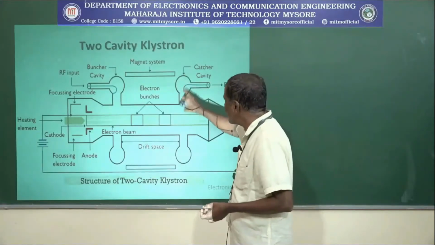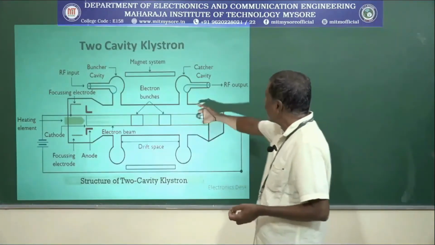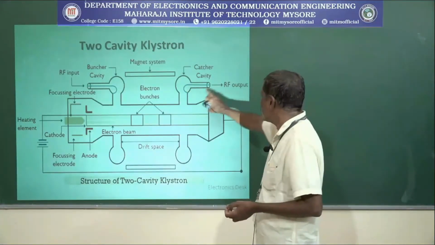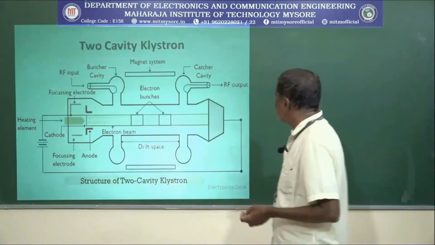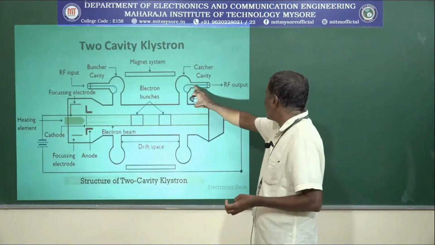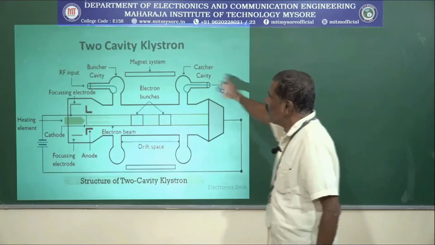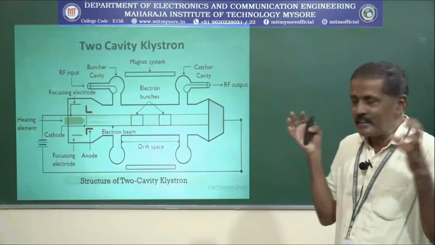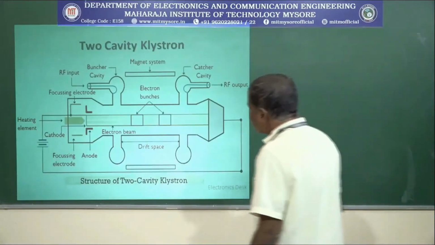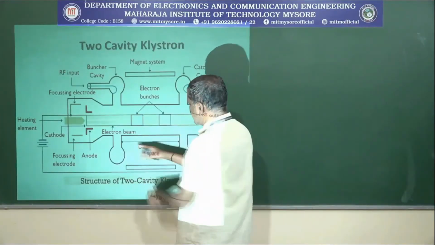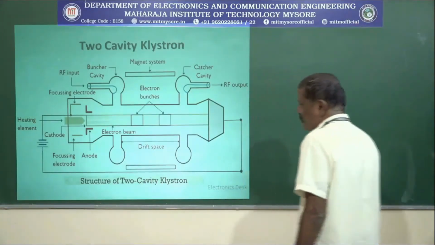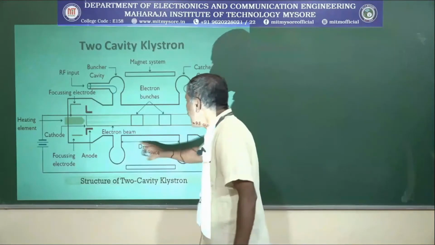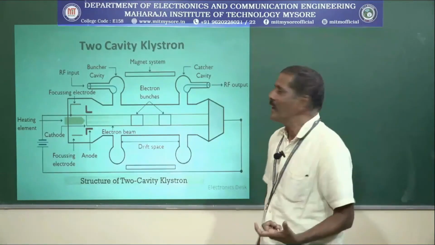Therefore it is called a catcher cavity, and this energy is taken through a coaxial cable or any type of microwave device which can carry these signals. Here we are getting the output, and this is called the buncher cavity, because here the electrons are bunched together. In this space we have a drift space, where the electrons move with uniform velocity.